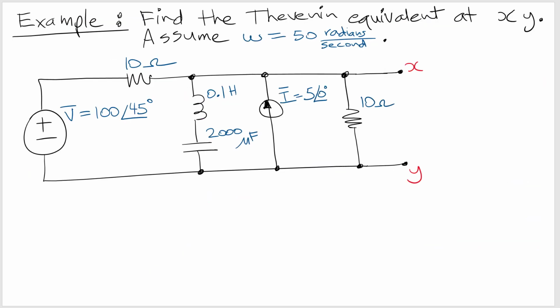Okay, so now in this example we are to find the Thevenin equivalent at xy. X and y is here, okay? And we are assuming that omega is equal to 50 radians per second.